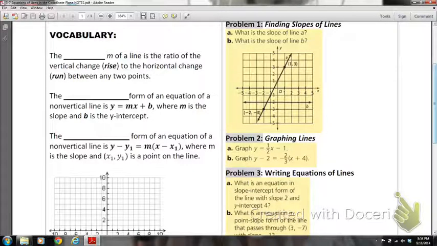So we need to find the slope of line A and the slope of line B. On a graph, it's usually easiest to find slope by counting the units on the graph. The vertical change is the rise, and the horizontal change is the run. So let's look at the slope of line A as the rise over the run.